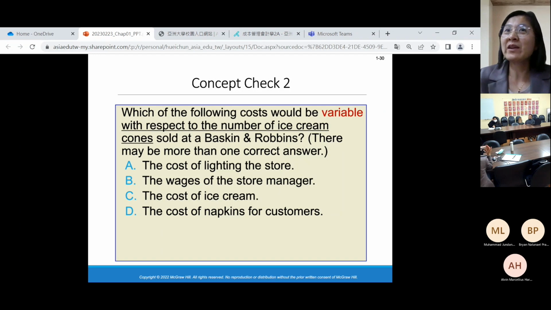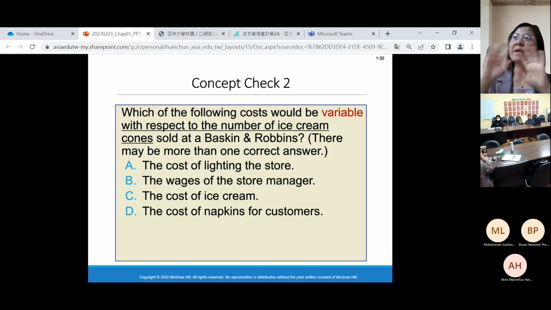Unless you use a very expensive, special napkin, then that's direct. But if you use a common one and it's insignificant, you will say that it's indirect.